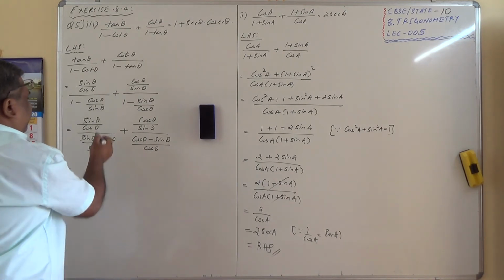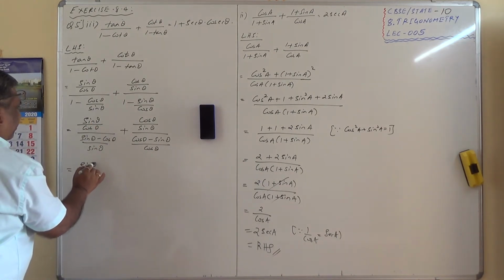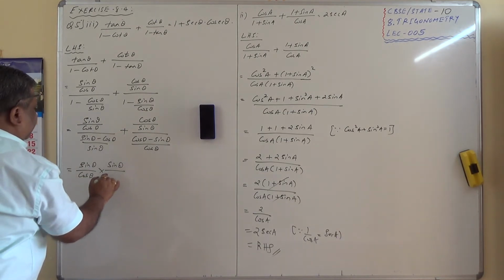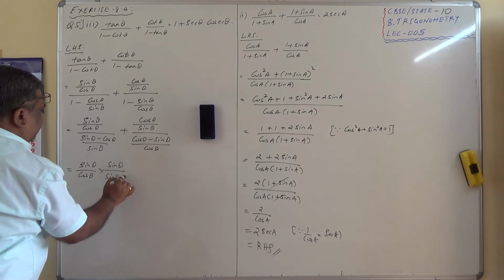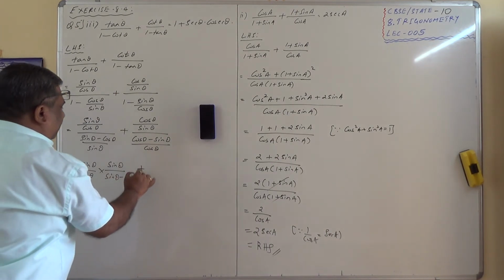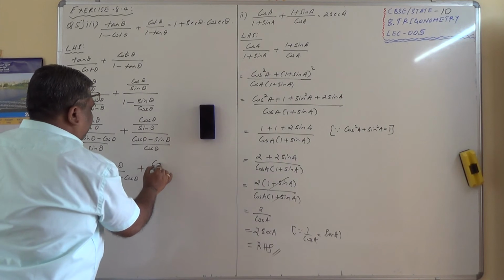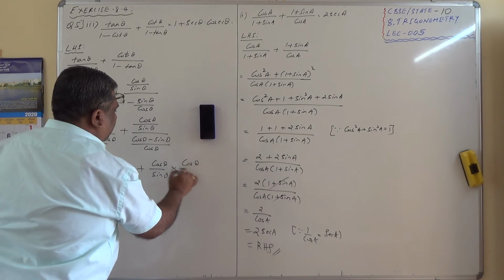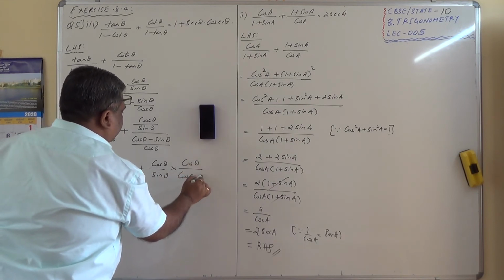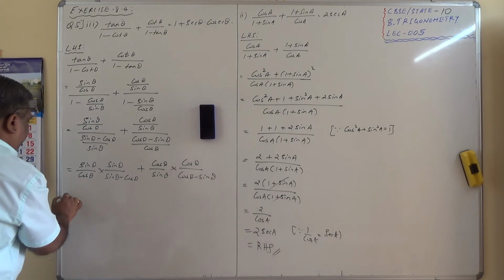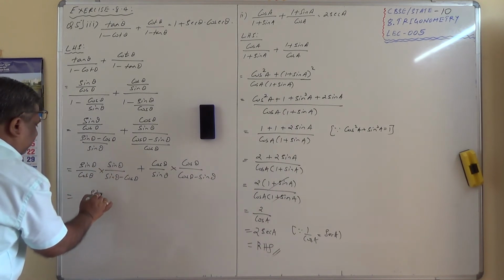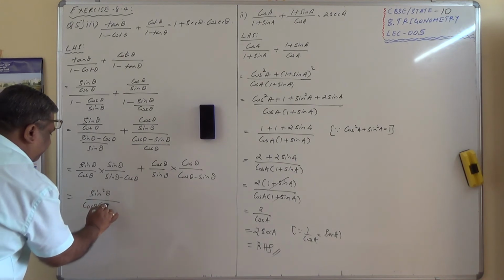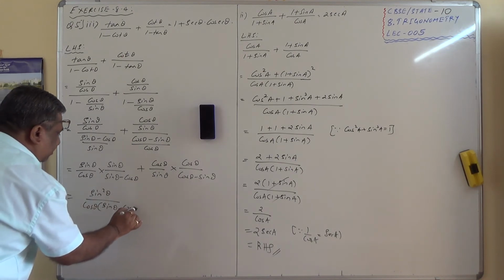Which equals, take a reciprocal now, sin theta by cos theta into sin theta by sin theta minus cos theta, plus cos theta by sin theta into cos theta by cos theta minus sin theta, which is sin square theta divided by cos theta into sin theta minus cos theta.